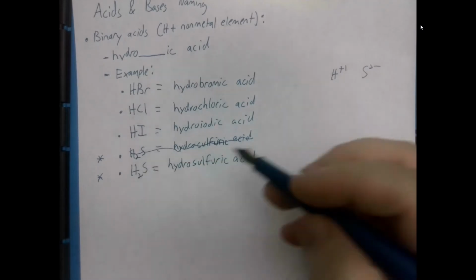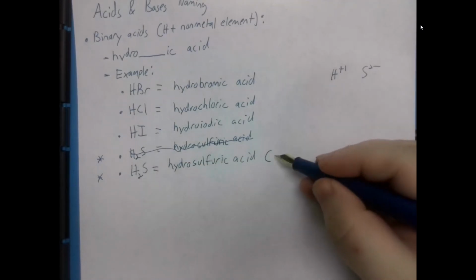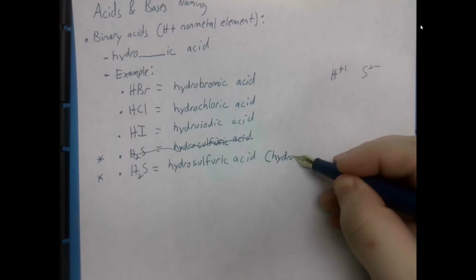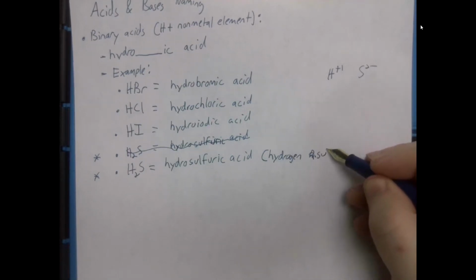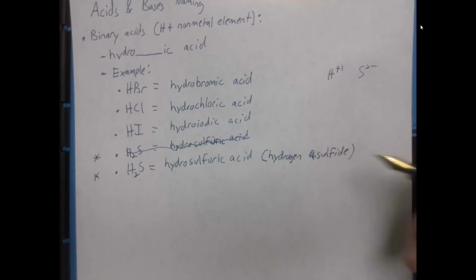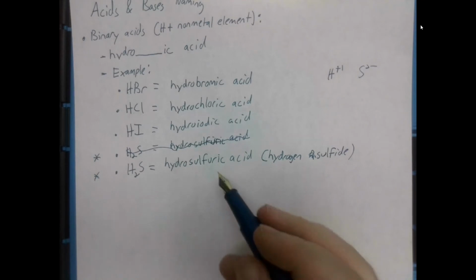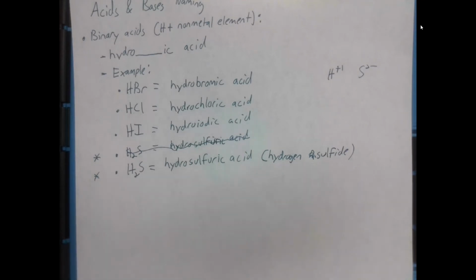So normally this would be called hydrogen sulfide. But if we were to treat this as an acid, a proper name under the proper acid naming scheme would call it hydrosulfuric acid.